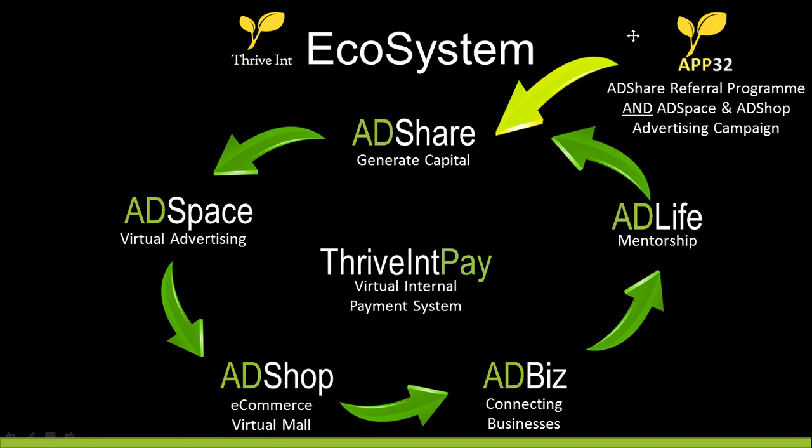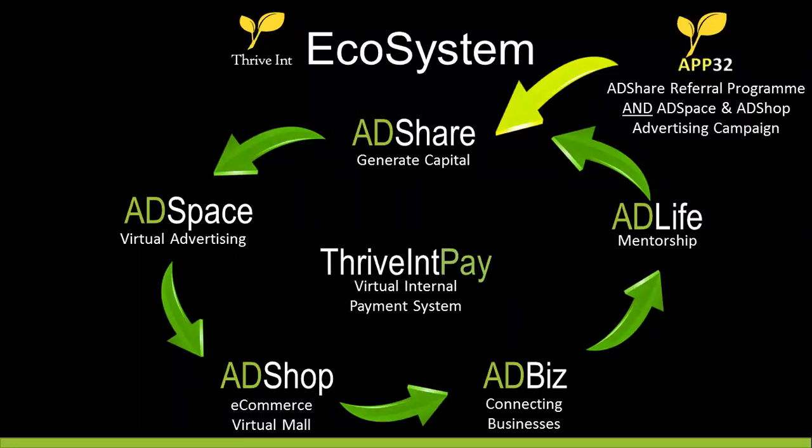So in Thrive International, we're creating an ecosystem, and that's really important that you understand where we're going with this. So I'll go between the different presentations. It's still important for people to see the Adshare side of it and understand how App32 is going to come into play here.